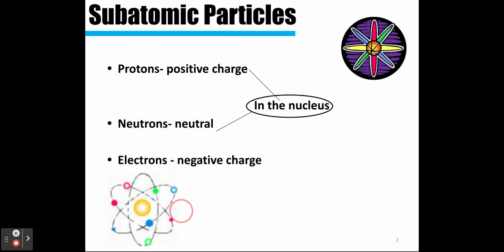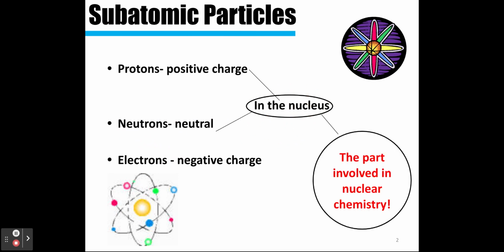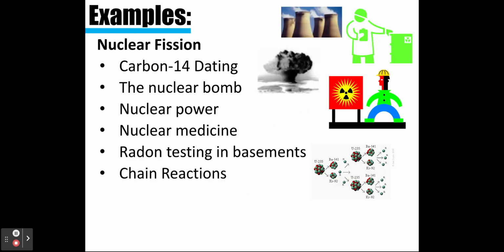They're not in the nucleus. So for nuclear chemistry, we're really not going to be focused on those. Again, our focus is going to be on the nucleus, which is where nuclear chemistry occurs. So neutrons and protons are going to be our focus.